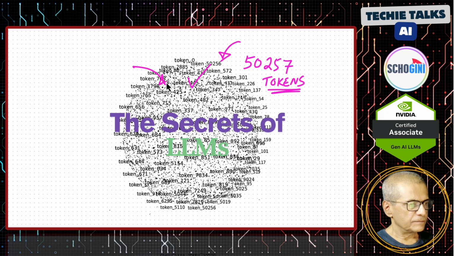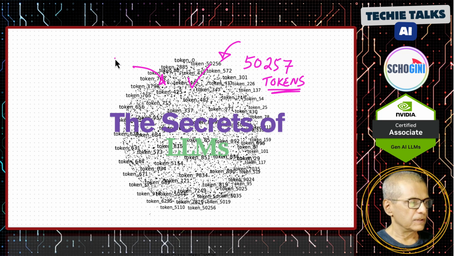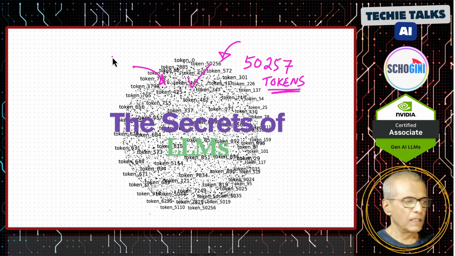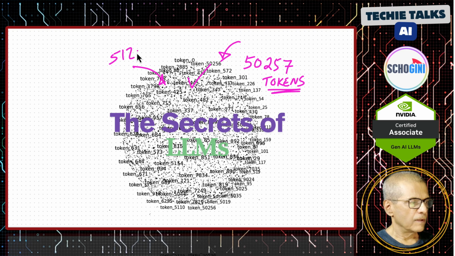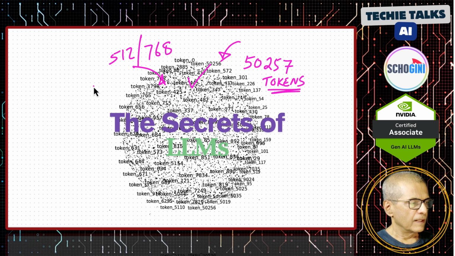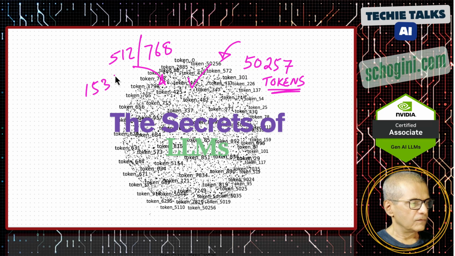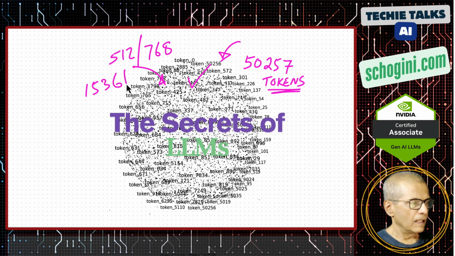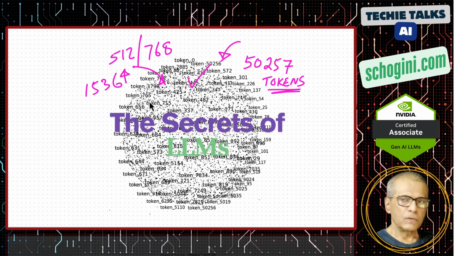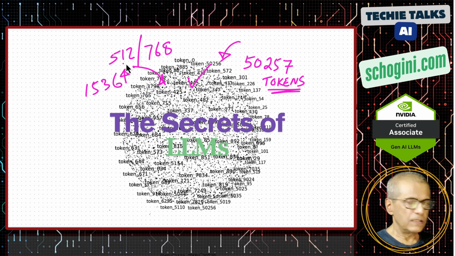This will have much higher dimensions. Like the transformer architecture had 512, GPT-2 has 768, and other models have 1536 and more. So can you imagine an object with this many dimensions?